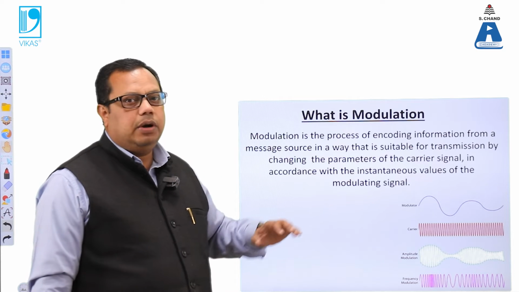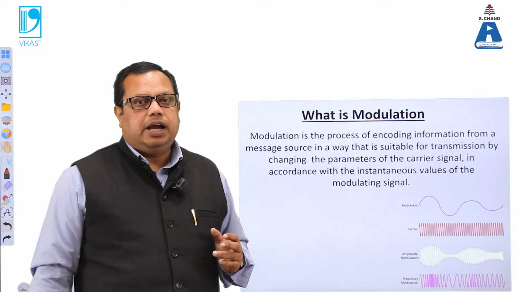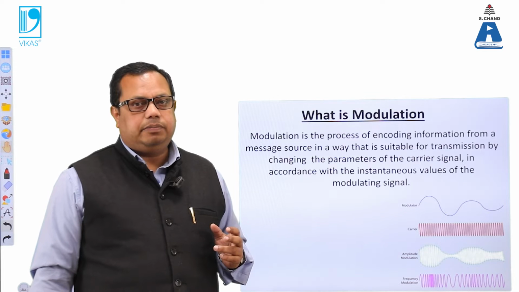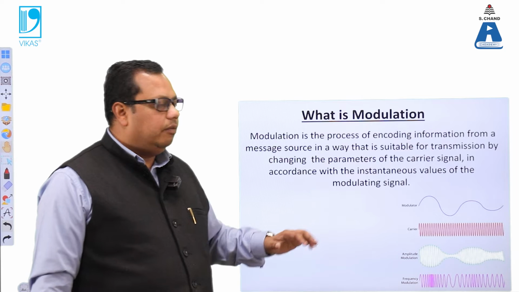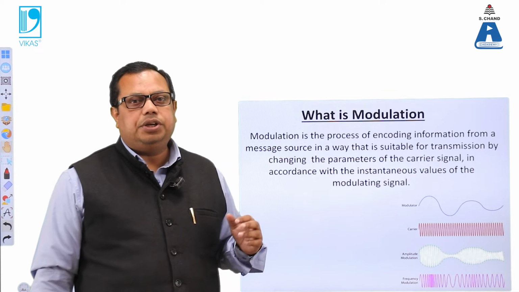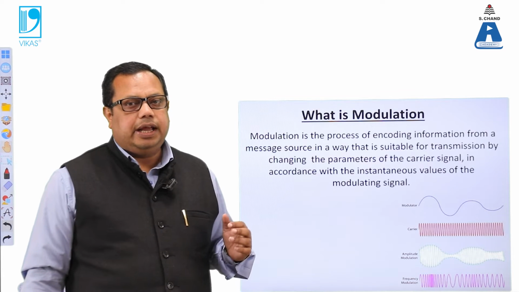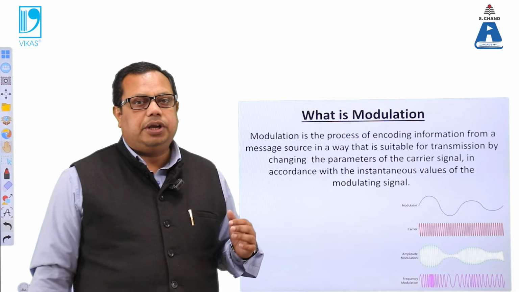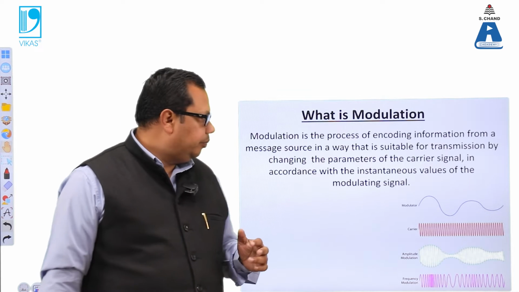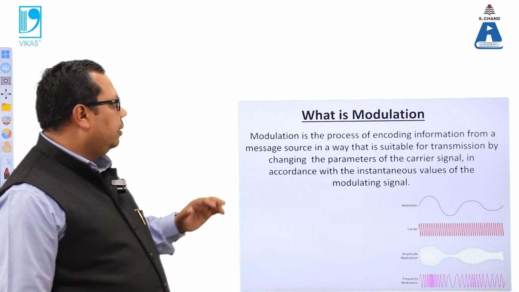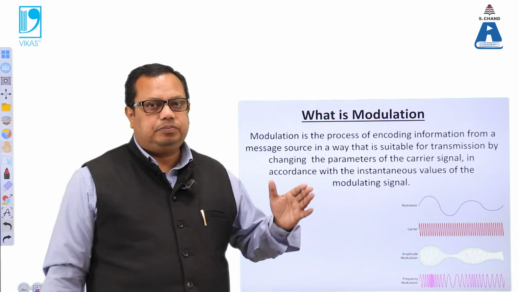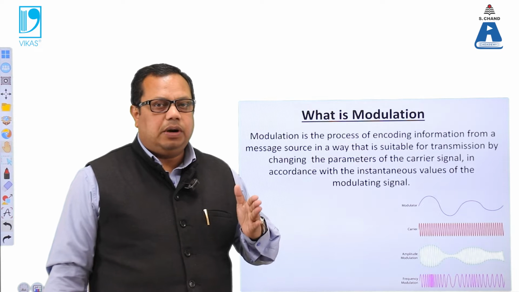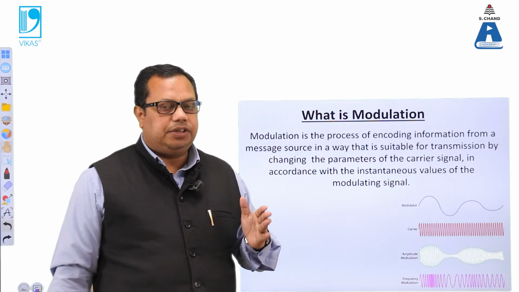If the overlapping of the carrier wave and the target wave does not take place, then the modulation cannot be done and the communication cannot be processed. So it is a process in which the overlapping of the carrier wave and the target wave is done.